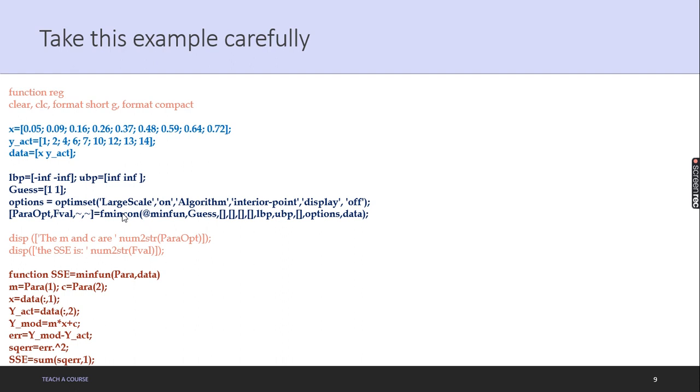Once this is done, what is the output of the fmincon function? That is the final para, para out, the final values of the parameter for which the sum of squares is minimum, because fmincon is going to minimize the output of the minfun function.